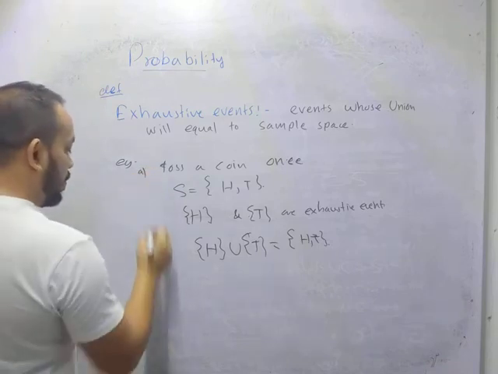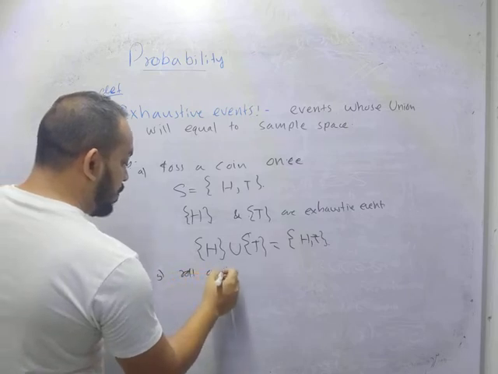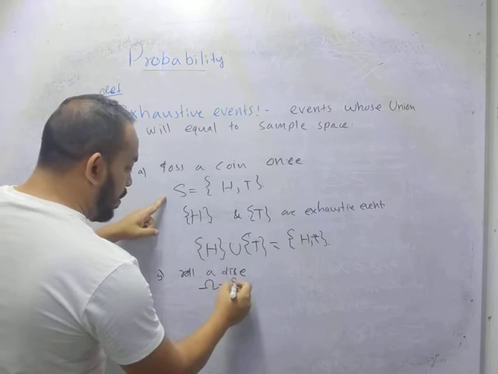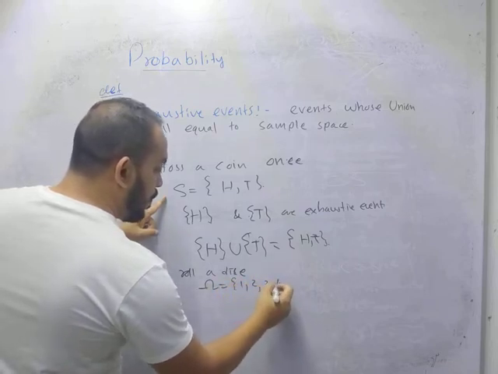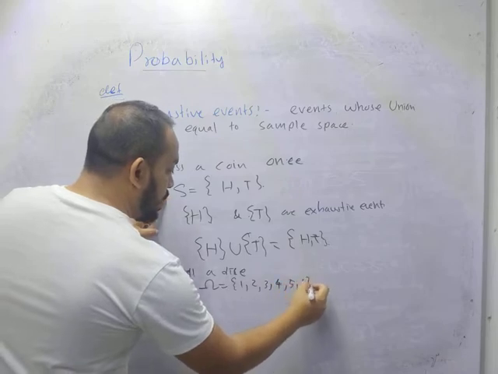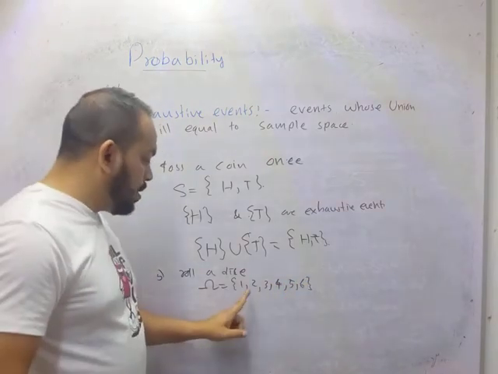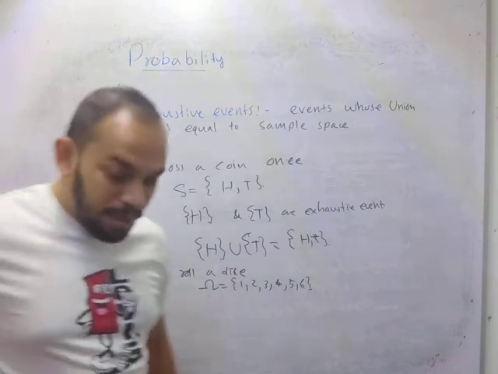Another example would be to roll a dice. In that case, let me just use omega: 1, 2, 3, 4, 5 and 6. These are the possible outcomes. Then 1, 2, 3, 4, 5, 6 combined are exhaustive events.